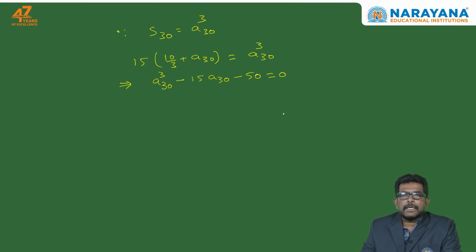By the inspection method, we are solving this equation. Observing the factors of 50, since 50 is equal to 5 into 10, I am going to check A30 is equal to 5.